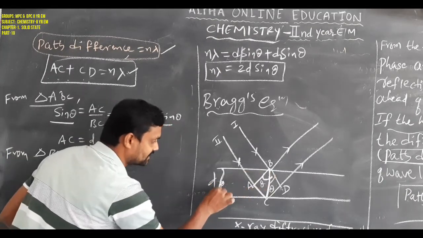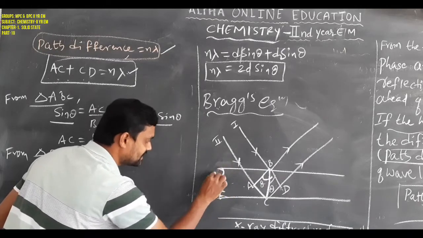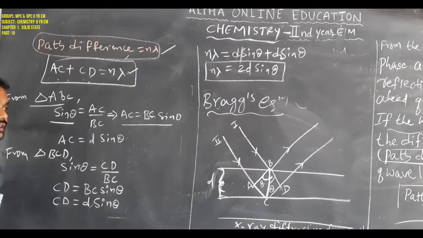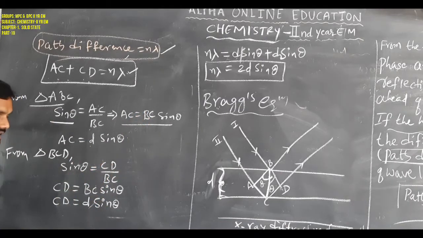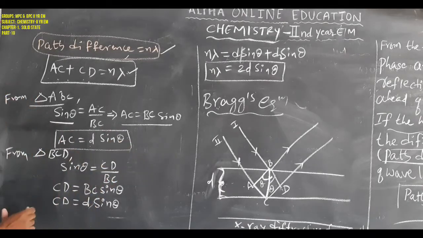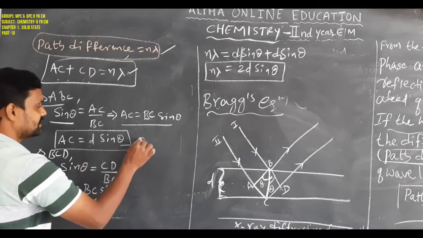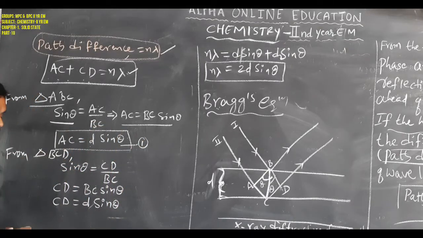BC is the distance between these two layers, indicated with a small d. That means BC is equal to d. So the final result is AC equals d sin theta. Let this be equation 1.